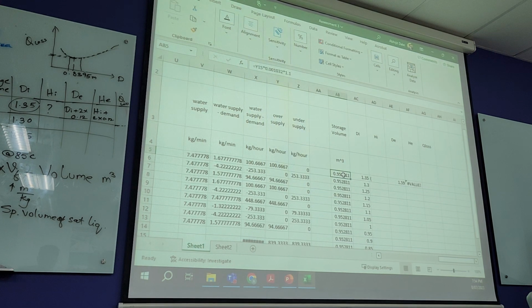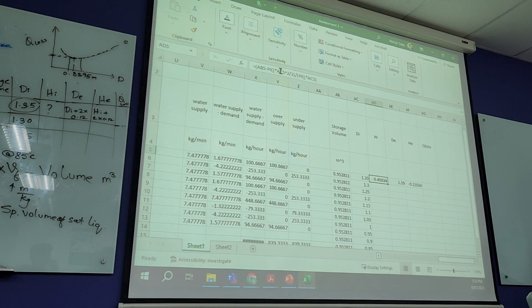Yeah, height needs a formula. For height you need to use the volume divided by pi r squared. Something wrong.